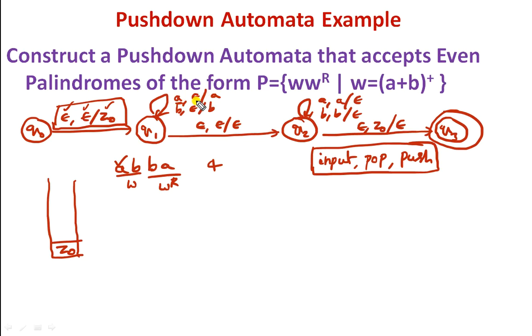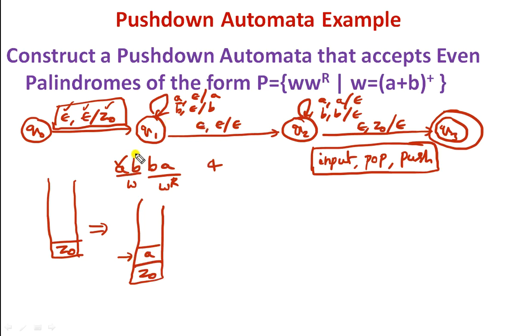Epsilon pop operation means nothing is popped. A push operation means push A into the stack. So the stack will look like Z0 and push A. This will be the top of the stack.